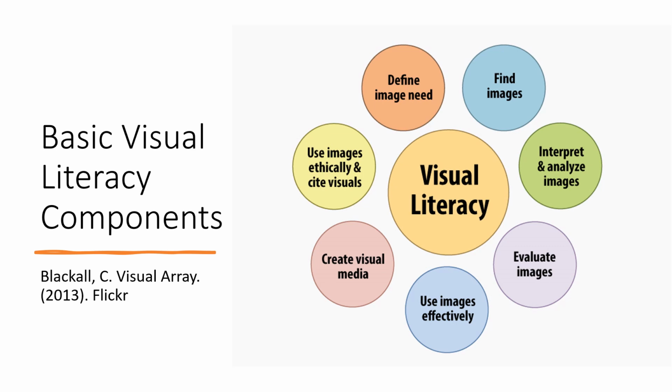And there are many aspects to it. So we find images, we interpret and analyze images, we evaluate images, we use images effectively, create visual media, use images ethically and cite visuals, and then define image need. And so these are the different ways that our students can use visual literacies and the different competencies that they're going to need for it.